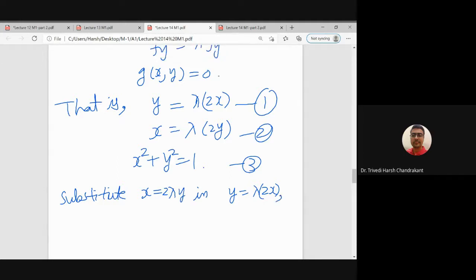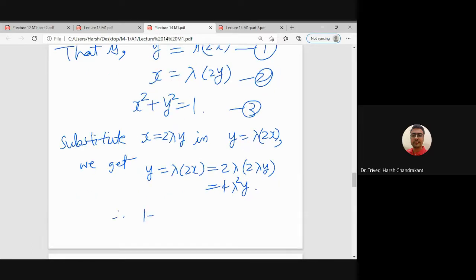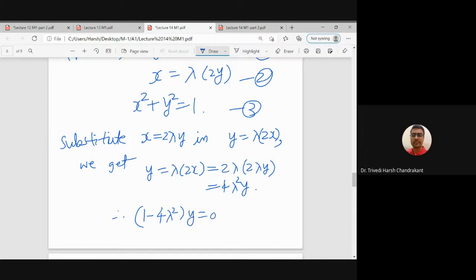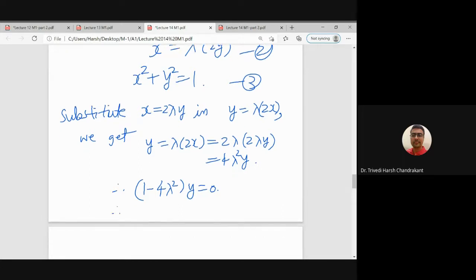So we have y equals lambda 2x, in which we are substituting x equals 2 lambda y. That means it is 4 lambda square y. So finally we get (1 minus 4 lambda square) y equals 0. Now we have two cases, because the multiplication of these two numbers is 0. That means either 1 minus 4 lambda square is 0, or y is 0, or both of them are 0.